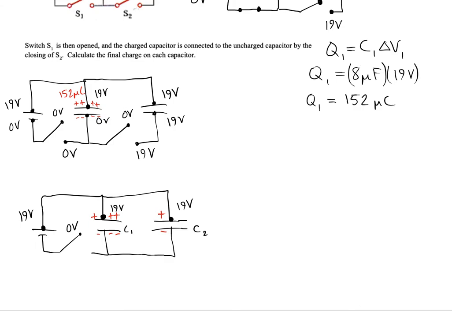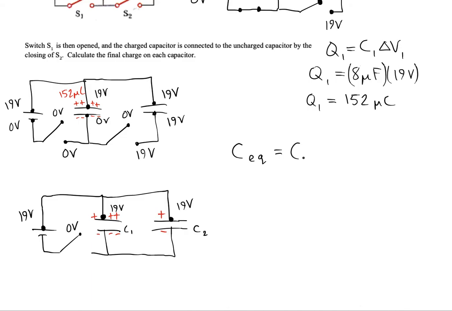All right, let's find the equivalent capacitance between these two capacitors. Now they are in parallel. Why? Because our positive terminal is connected to both of their positive plates, and our negative terminal can potentially be connected to both of their negative plates.